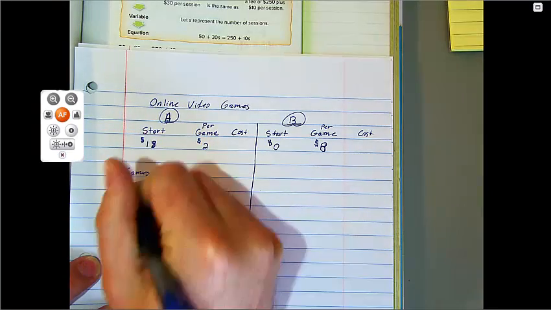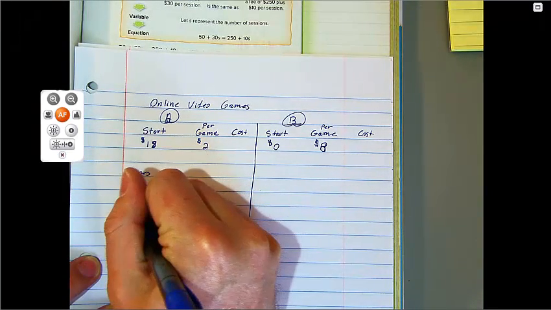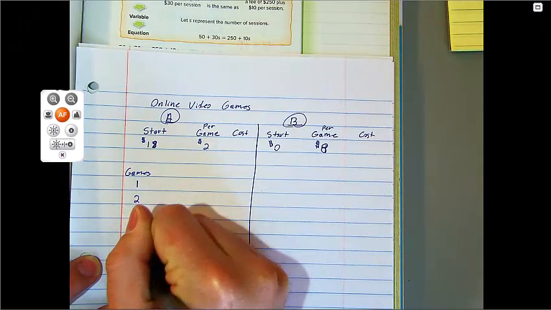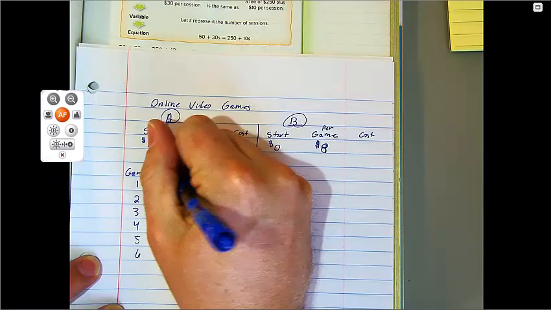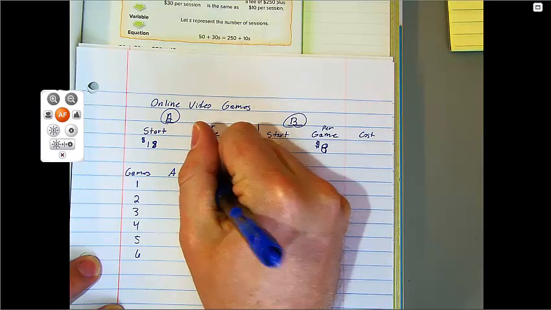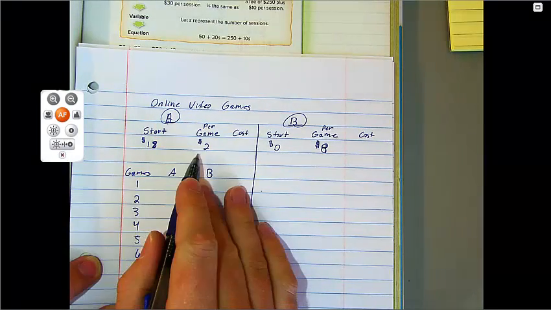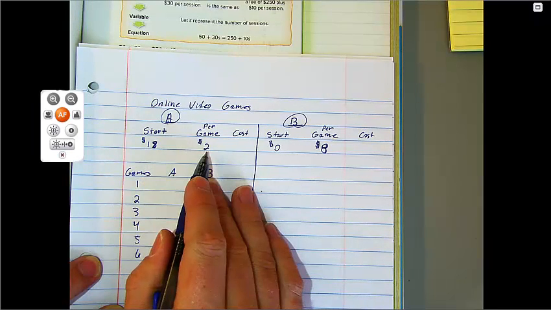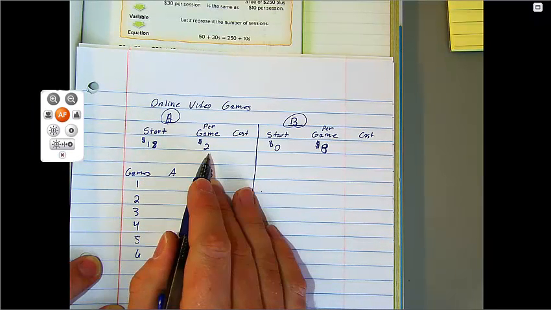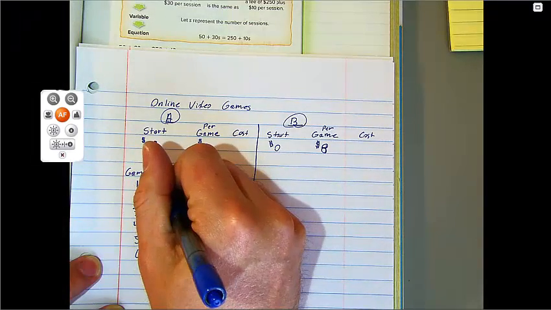I'm going to start with my number of games here. So this is my games: 1 game, 2 games, 3 games, 4 games, 5 games, and 6 games. Now I'm going to look at company A and company B. For company A, if I do 1 game, I have to pay my $18 automatically, and then 1 game is going to cost me $2, so 18 plus 2, that's $20 for 1 game.